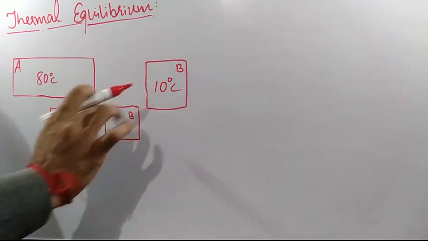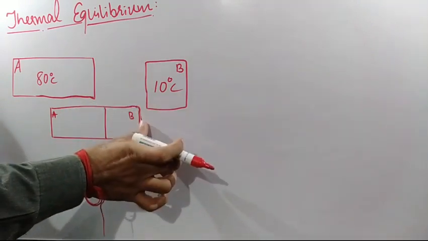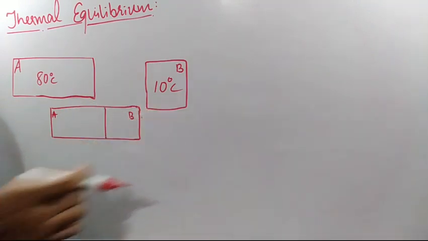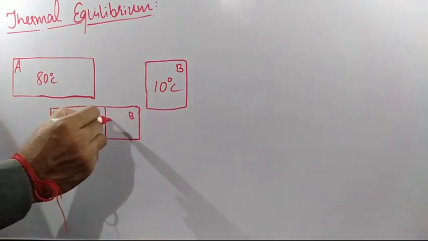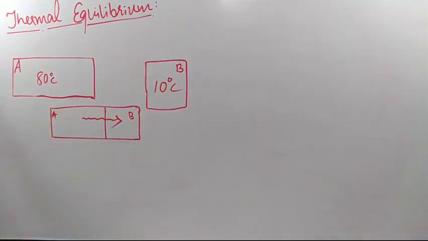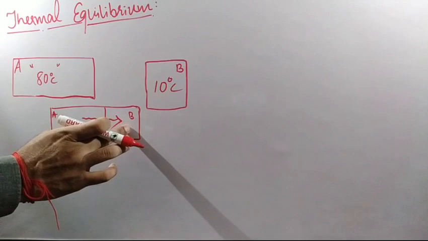The resultant situation will be in this manner. This is system A, and on the right side we have system B. When we keep two systems like this, what will happen? Some amount of heat energy will flow from system A to system B. Here it was 80 degrees Celsius initially, here 10 degrees Celsius.